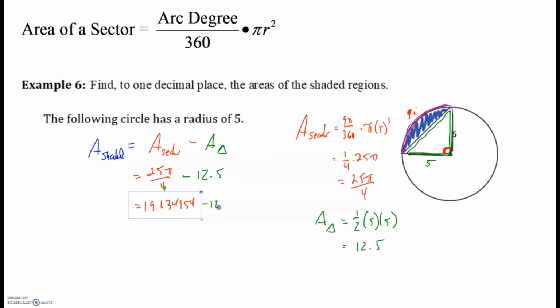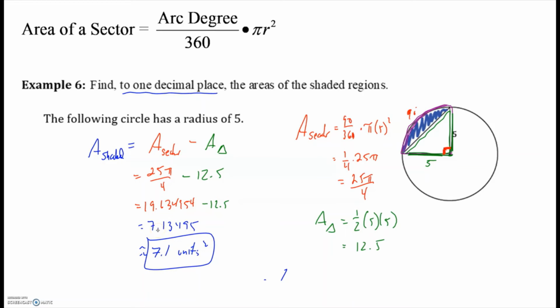I'm going to subtract the 12.5 from that. When I do that, I get an answer of 7.13495 and so on. It tells me to round to 1 decimal point, so that's approximately 7.1. Again, no unit of measure, so just units squared.